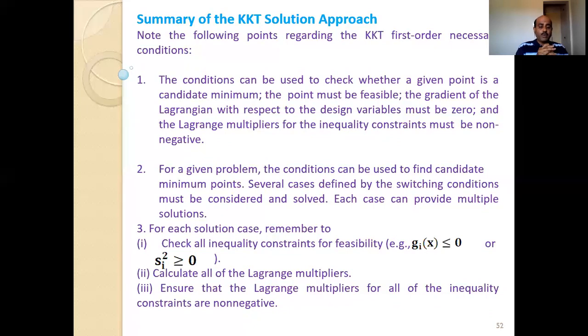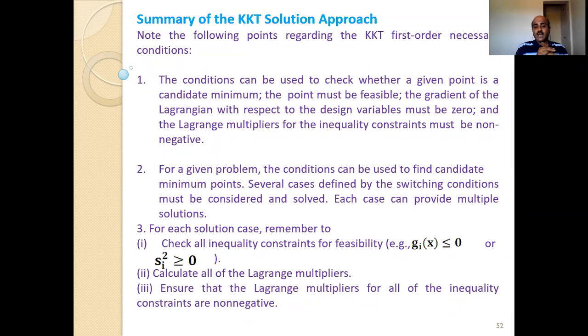And the third important point is, for each solution case, remember to check all inequality constraints for feasibility, whether it satisfies g_j(x) less than or equal to 0, or s_i squared is greater than or equal to 0.